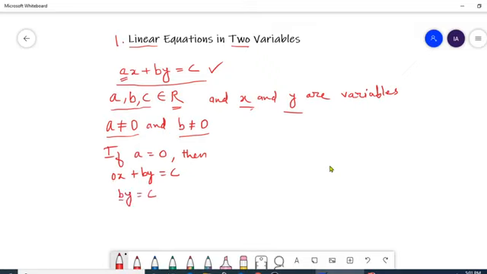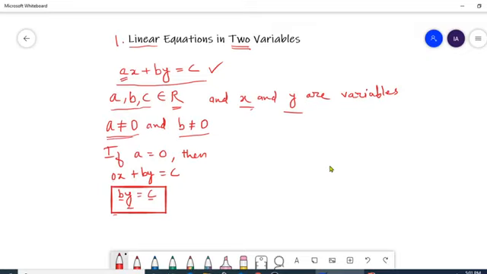As we know, b and c are constant values, they are real numbers. So you have only one variable, that is y, and here we are talking about equations in two variables, but this resulting equation has only one variable. Understood? So that is the reason a should not be 0.